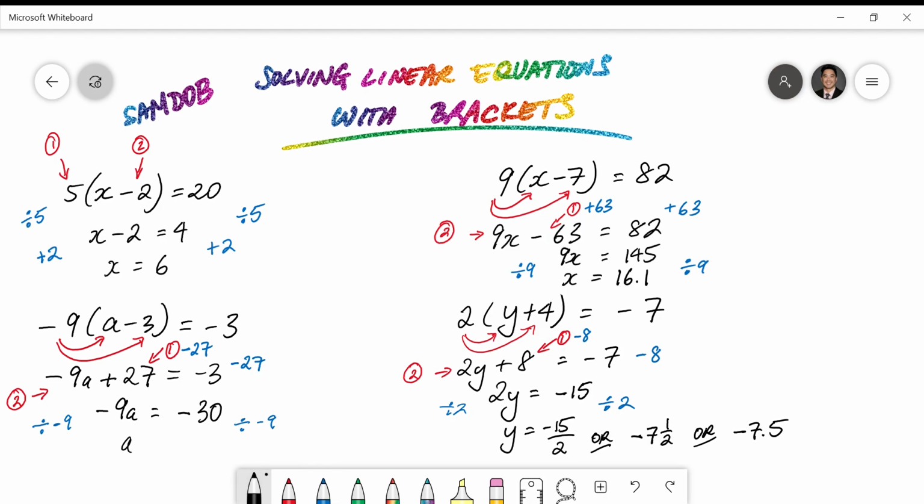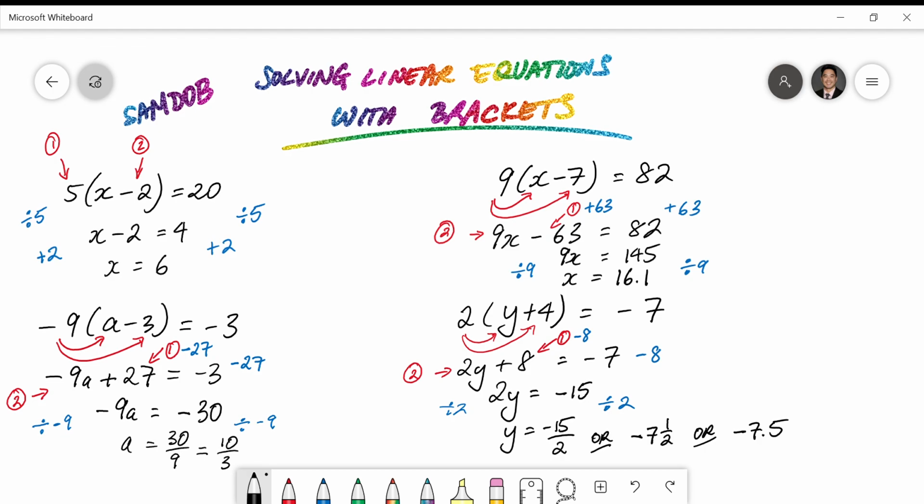And we're left with a. Now, a negative divided by a negative is going to be positive. So we've got 30 over 9. We could simplify that fraction to 10 over 3. So wherever you can simplify a fraction, can you please make sure that you do that?